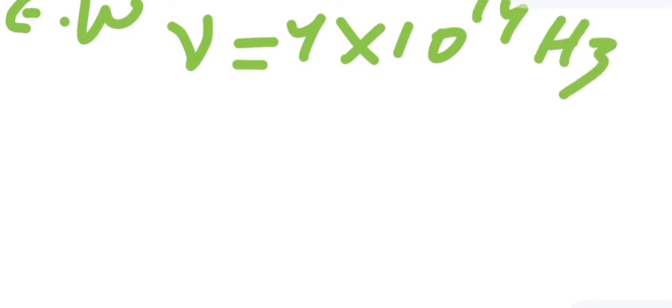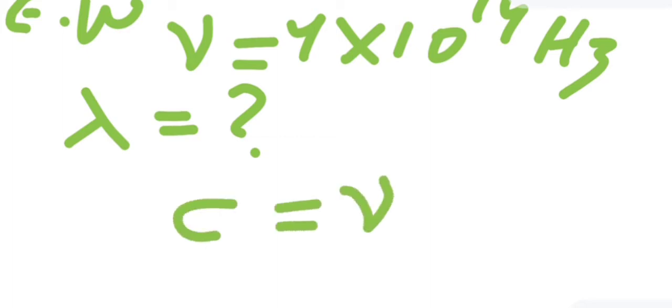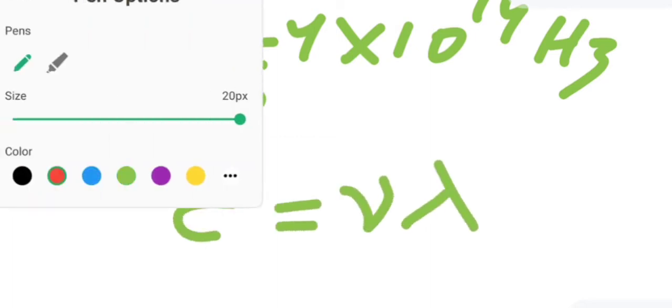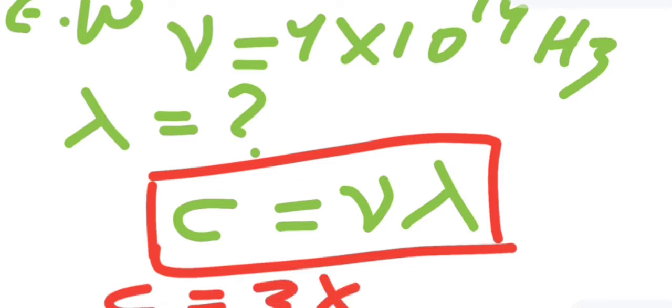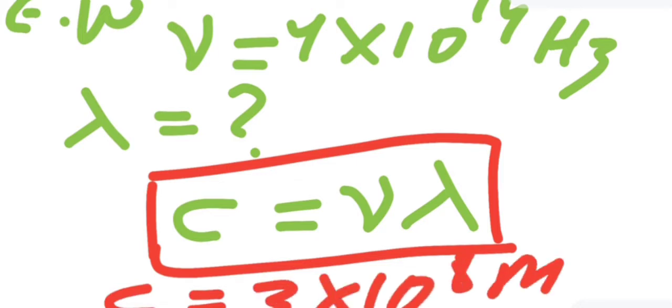An electromagnetic wave frequency is given as 4 into 10 to the power 14 hertz. Now find out its wavelength. In this we have to use a very important formula: C equal to nu lambda, where C is the speed of light, 3 into 10 to the power 8 meter per second.